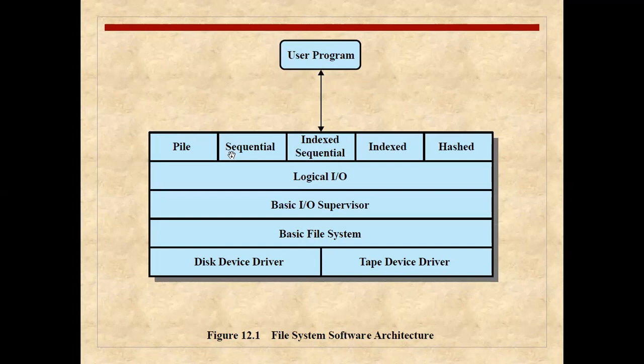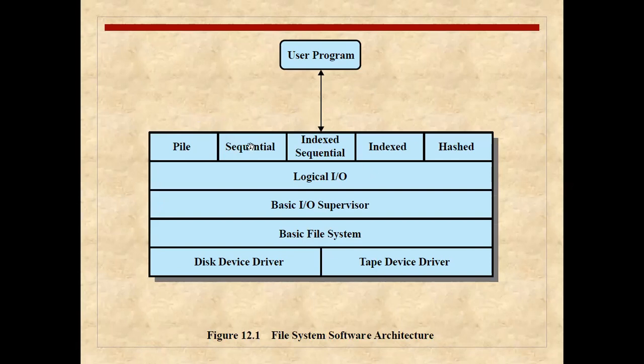Then there are different access methods. The access methods are pile, sequential, indexed sequential, indexed, and hashed. These are the methods for how we are accessing our data or records.